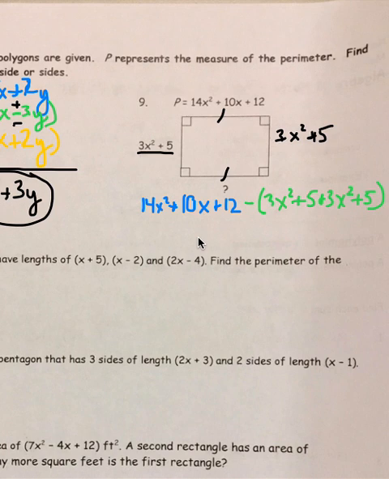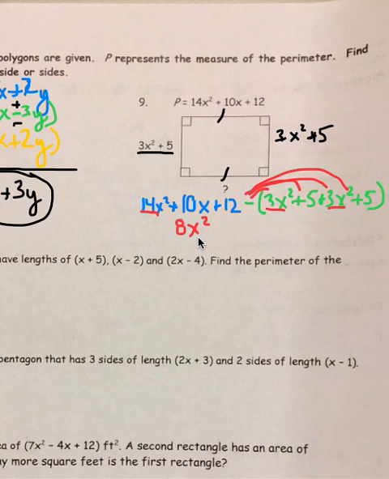And so hopefully that isn't too confusing for you. But when we do that, 14x squared, we subtract the two other x squareds because this minus sign is changing every sign for each one. So 14x squared minus 3x squared minus 3x squared, that's going to leave me with 8x squared.